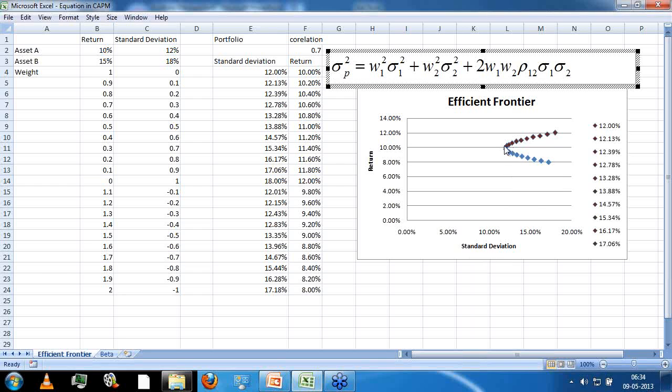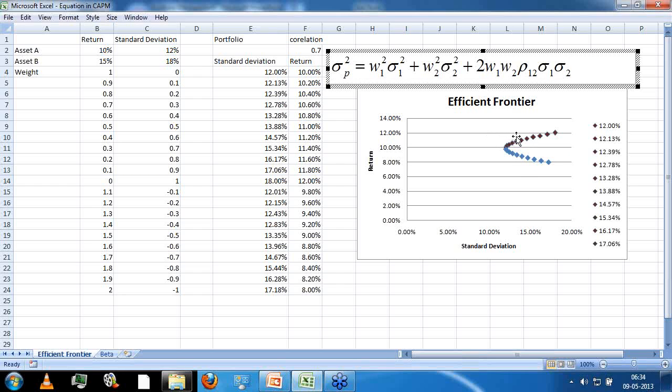So all those points which are colored purple are your efficient frontier because they are giving you higher return at a certain level of risk. All the points colored blue, we are not going to consider because they are giving us inferior return.